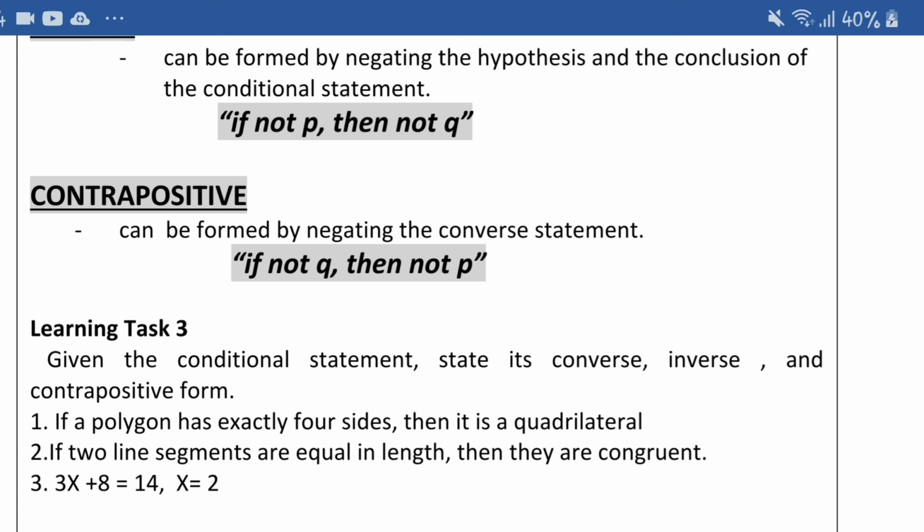And number 3, if 3x plus 8 is equal to 14, then x is equal to 2. Write the converse statements of these conditional statements, also the inverse statements and the contrapositive form of these statements.